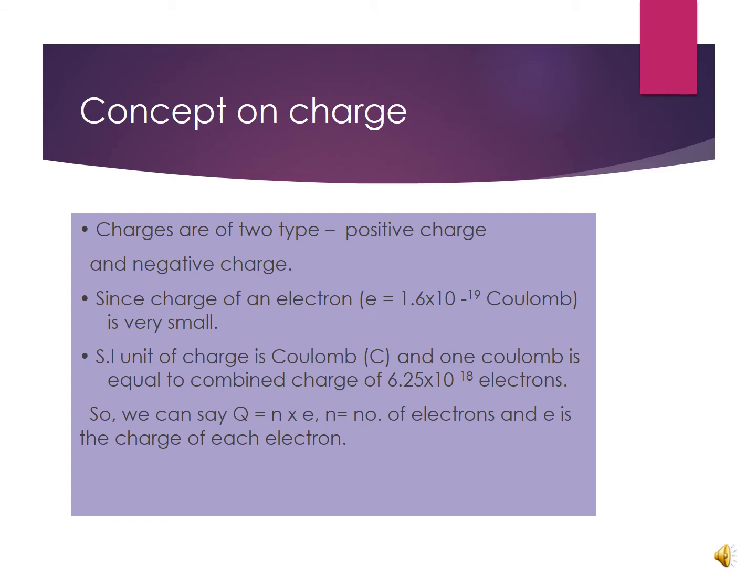So we can get a general formula: Q, which is in coulomb, equals N × e, where N is the number of electrons and e is the charge of each electron, that is 1.6 × 10^-19 coulomb. That's the first formula we get to know.